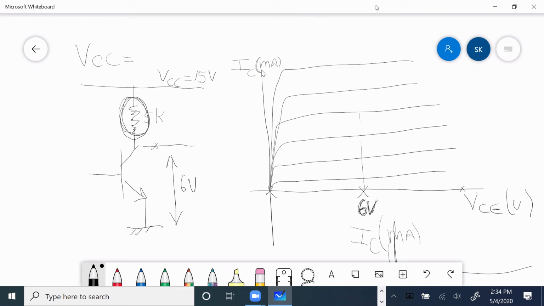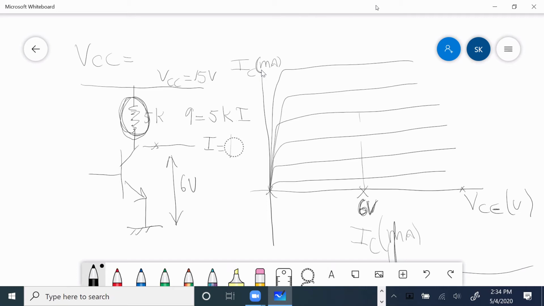Okay, so if it's 9 volt, V equals IR, that's 5K times I. I will be 9 over 5, which is 2. It's not 2, is it? Say it's 1.8, something like that.